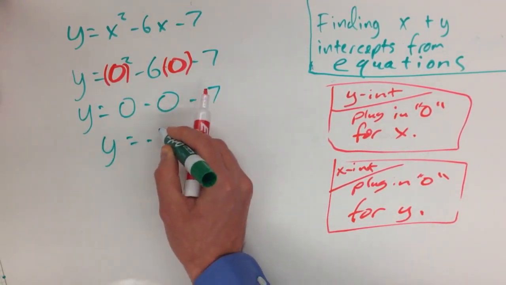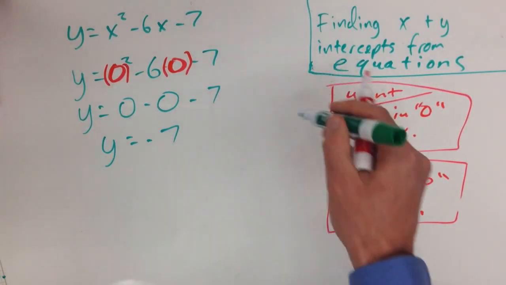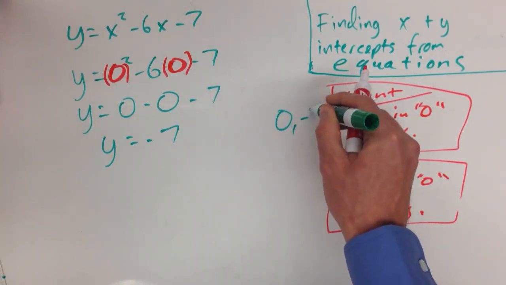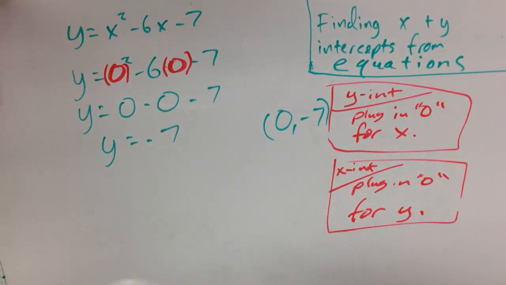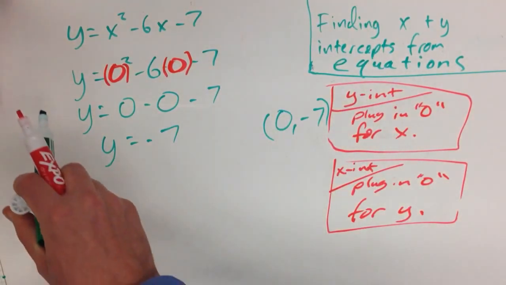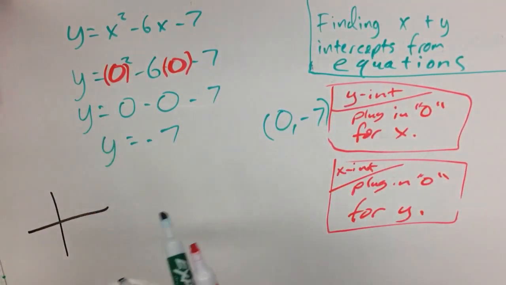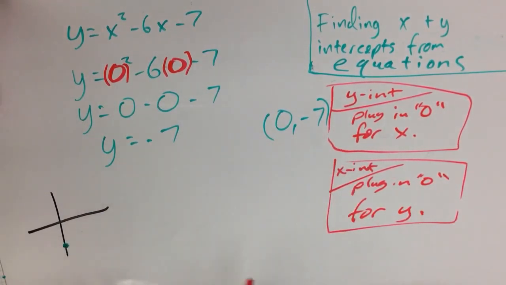So y equals -7. So I know my y-intercept. I plugged in a 0 and got out a -7. If I was keeping track on a graph, (0, -7) is right there. It's my y-intercept.